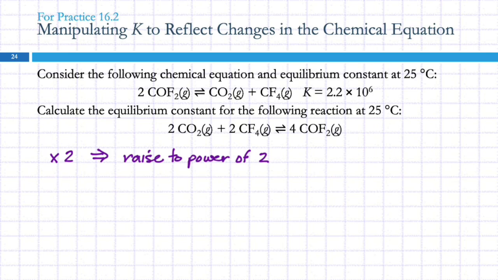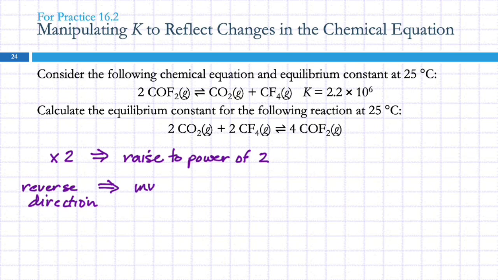What else did we do? This is a reactant, and now it's a product. We reverse the direction of the reaction. So reverse the direction. What do we do? Flip it.